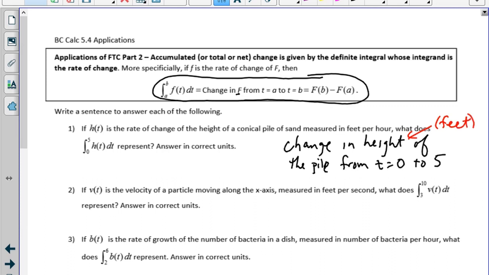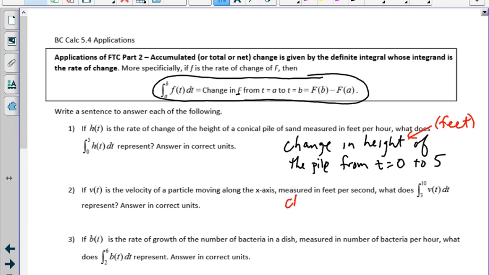Number two, if v of t is the velocity of a particle moving along the x-axis measured in feet per second, what does the integral of v of t dt from 3 to 10 represent? Answer in correct units. So this is actually evaluating what we would probably consider to be s of t, or the position.